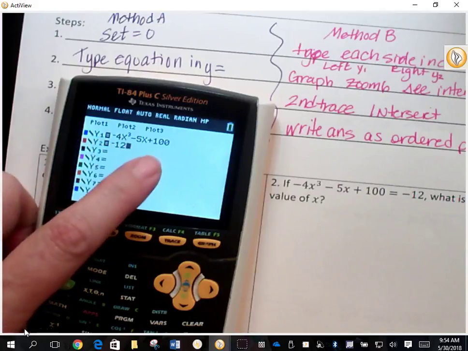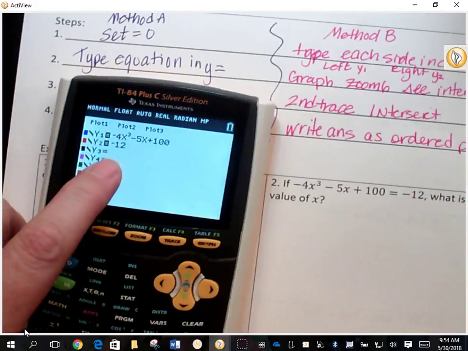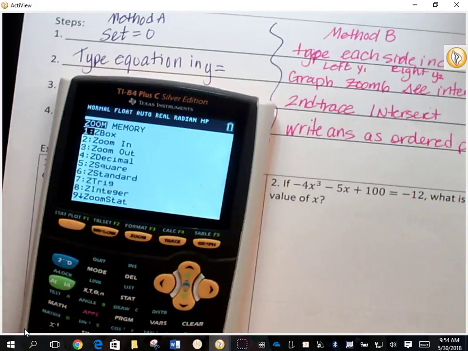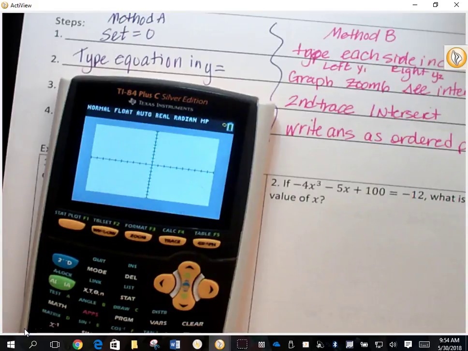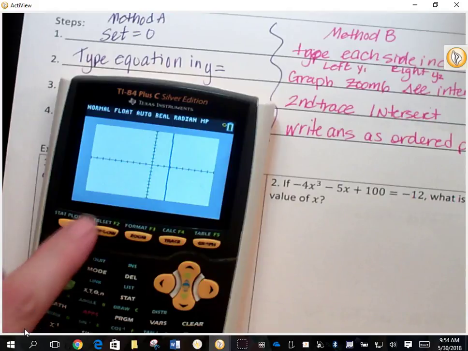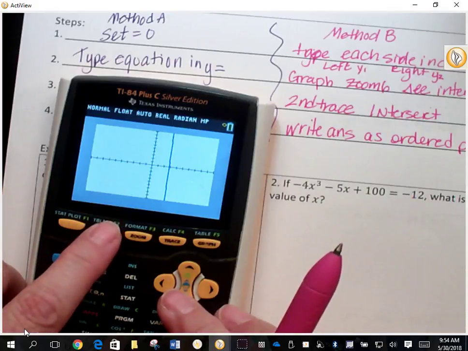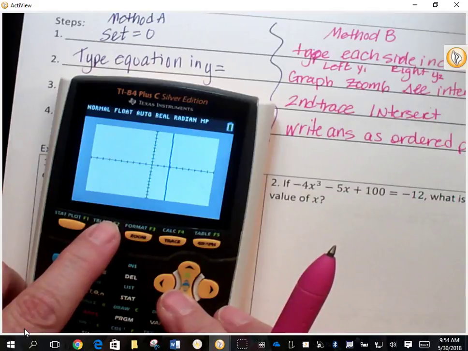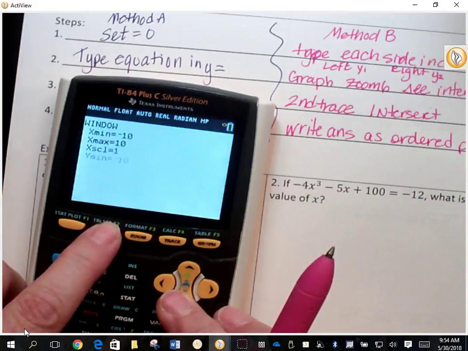Okay, my window, it's gone all the way up to 100 and all the way down to 12. So if I do a zoom 6, I'm not going to see my intersection. How do I know that? Well, because my standard window goes from negative 10 to 10. So when I do my window, I know my y-intercept is at 100, and I know my negative one is going to go down to negative 12.